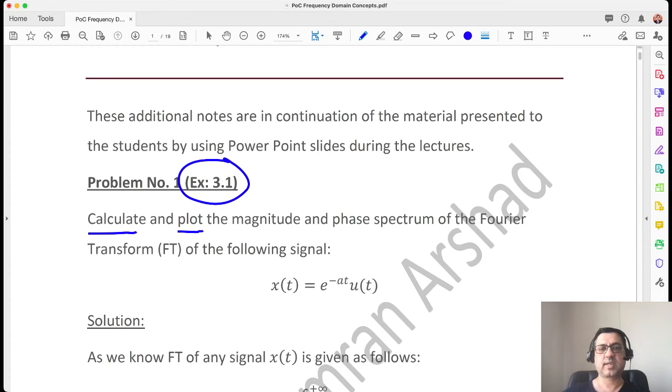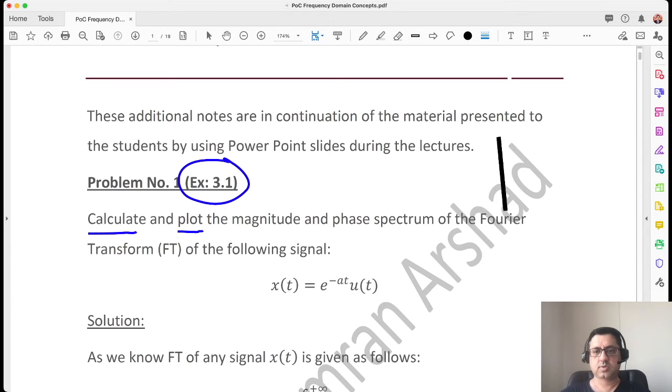Now for this signal x of t, let me draw it.